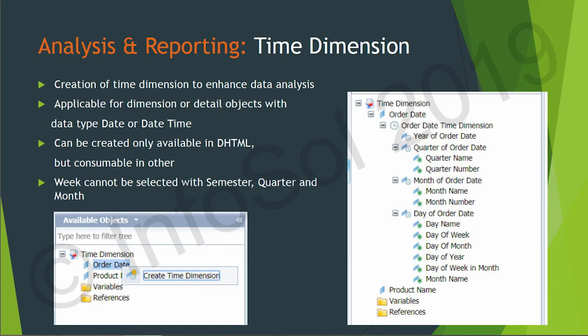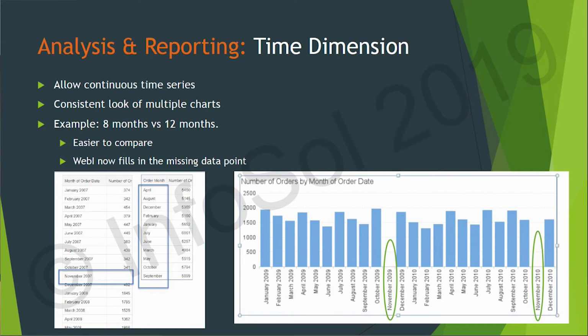The advantage of this is not just that you have those dimensions already created for you, but that Webby allows a continuous time series. So imagine your data does not have, say, November 2019. My data is like 10 years behind.